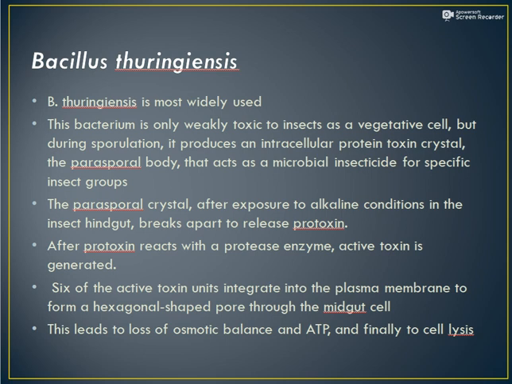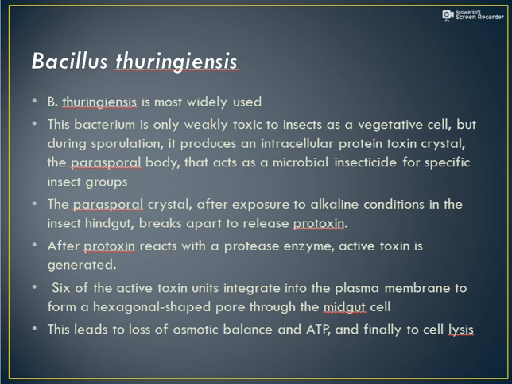target organism. If Bt is in a sporulating stage, it will produce an intracellular protein called the parasporal crystal, which under alkaline conditions in the insect hindgut will break to produce a protoxin. So first you need it to be ingested, it needs to reach the hindgut, alkaline conditions should be present, and then it should react with protease enzymes, and the active toxin is released.